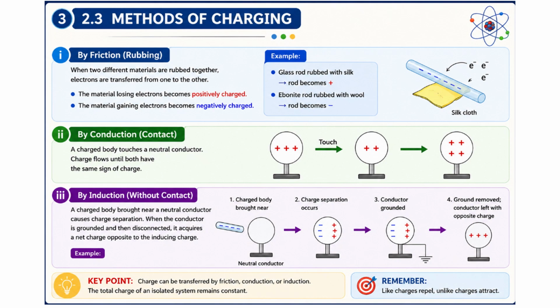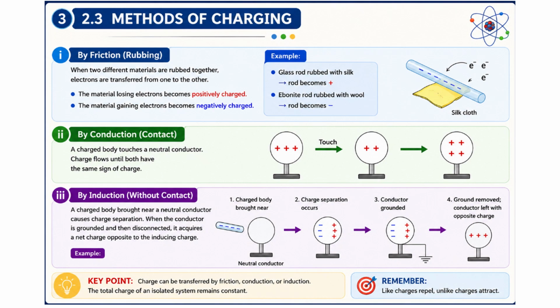If you touch a neutral conductor with a positive rod, the conductor becomes positive. If you touch it with a negative rod, it becomes negative. So this is all about conduction, or contact, in other words.